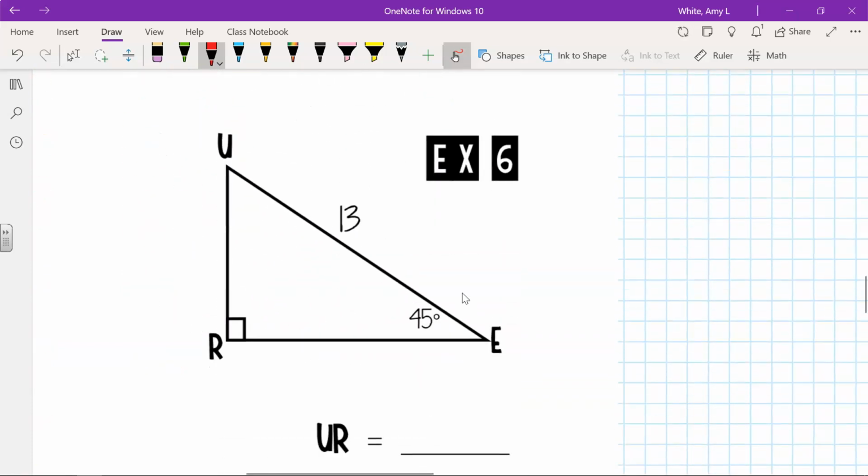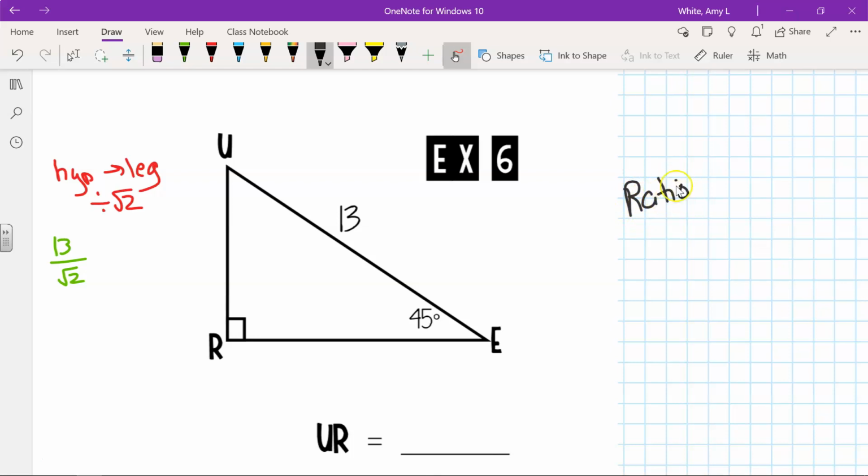In our final example, our hypotenuse is 13. So if we are going from the hypotenuse to the leg, we are dividing by root 2. So that would be 13 divided by root 2. Once again, we are going to have to rationalize. Rationalize means to make the denominator a rational number.